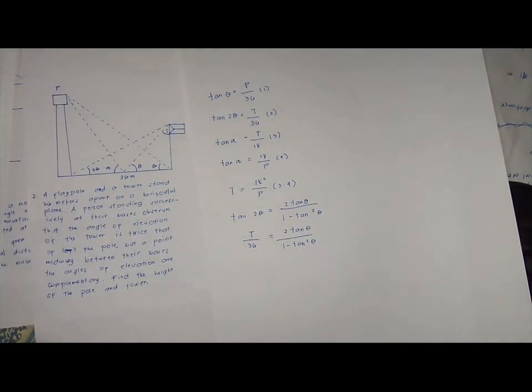So T over 36 is equal to 2 tan theta over 1 minus tan squared theta. The next part, we need to combine and simplify 2 and 1.